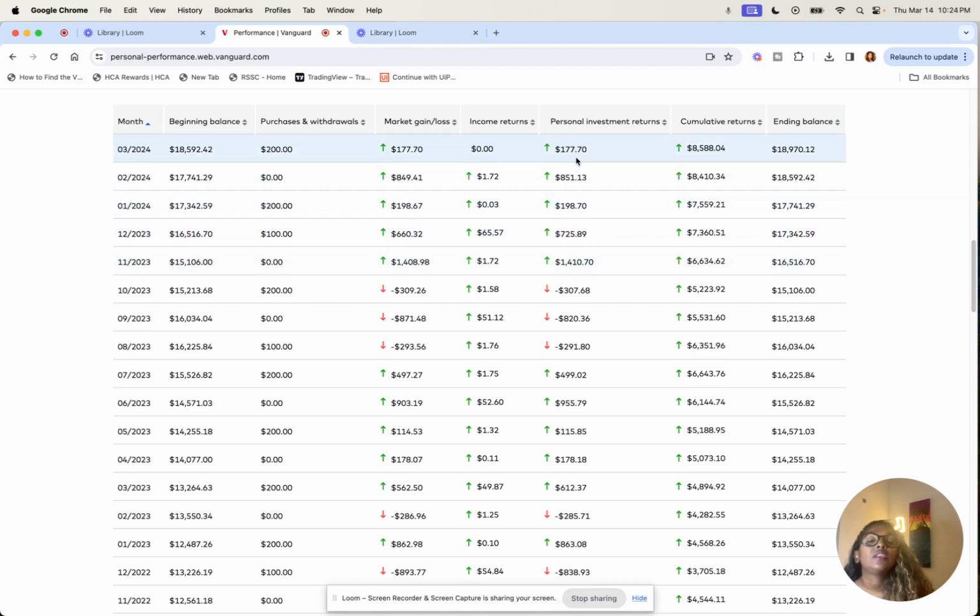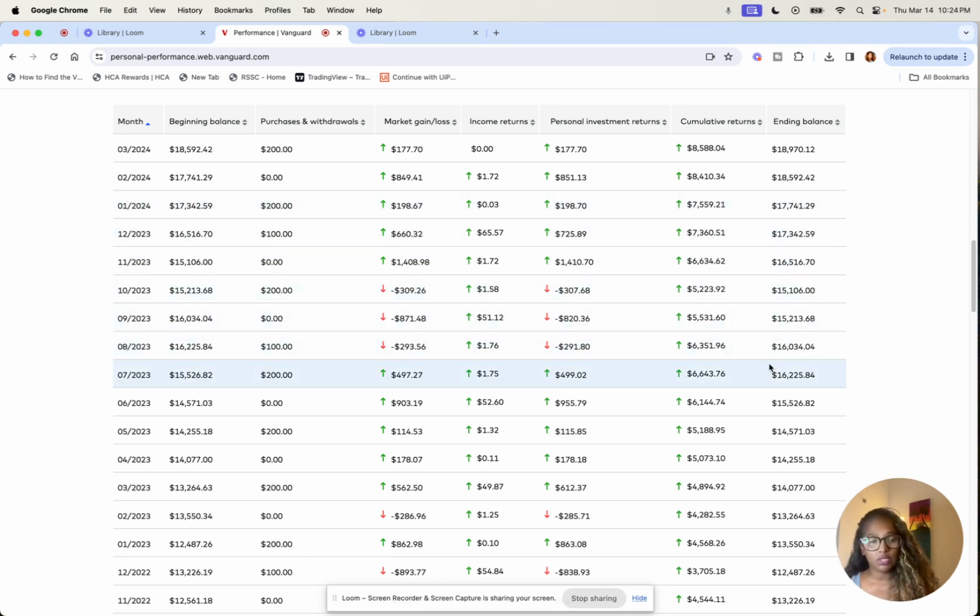So just taking a look at the personal investment returns, you could see that it compounds over time and it's doing well. And the cumulative returns is the total of what I have in there plus whatever I have in profit from just having this account open and all my returns that are coming into this account.